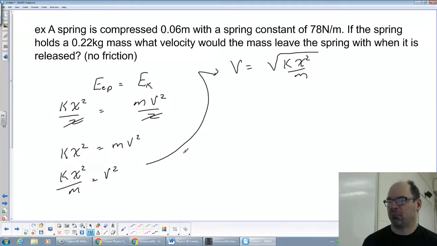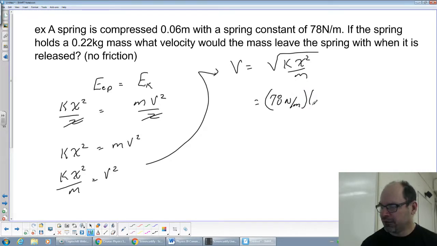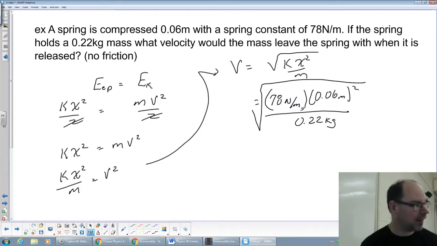You can easily plug the numbers in and then work it out. You might have done that already. That's okay. So if I plug in the numbers, I get 78 newtons per meter for K, 0.06 meters squared, and then I've got the mass of 0.22 kilograms, all taking the square root of that at the end.